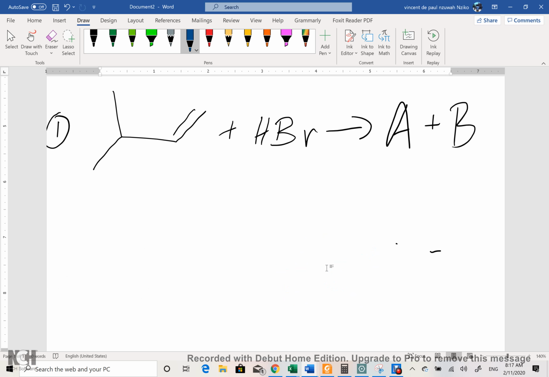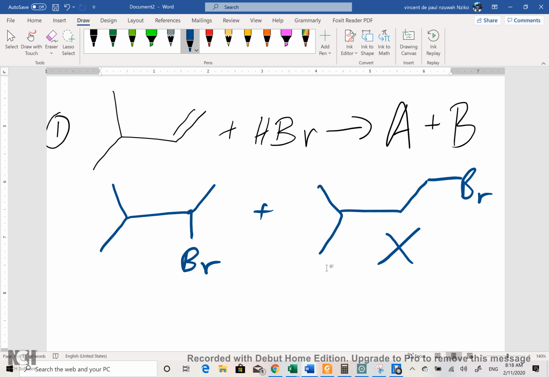We have the 2 sp2 carbons over here, so we are adding on the sp2 carbon. One of them will have the hydrogen, the other one will take the bromine. But because this is a primary and that is a secondary, the primary usually doesn't form. So that's why we will have no primary here. But the secondary, we know that the secondary actually does form. Most of you, that's the product you will give me.